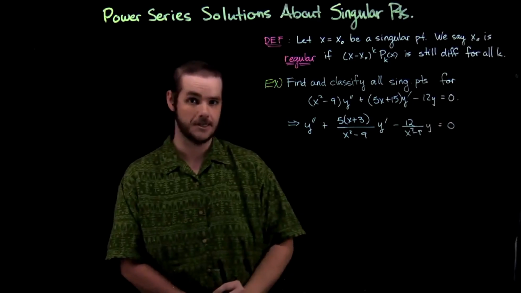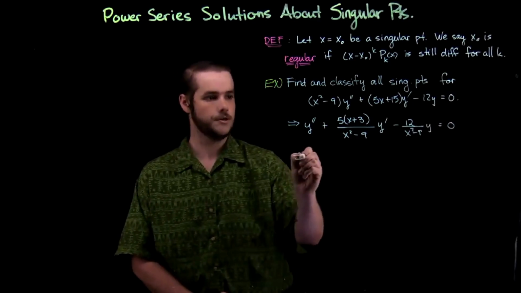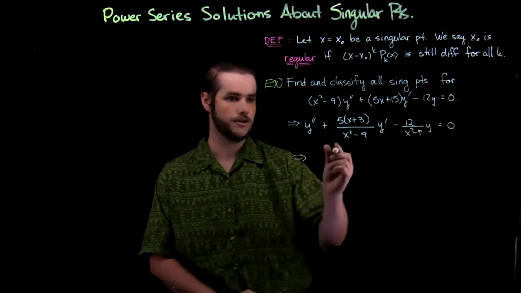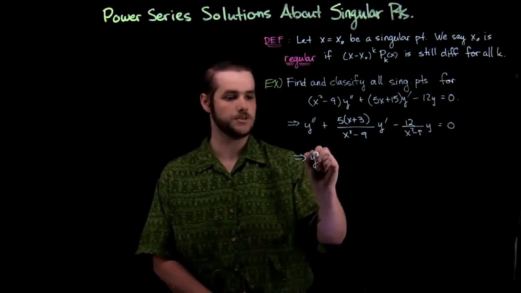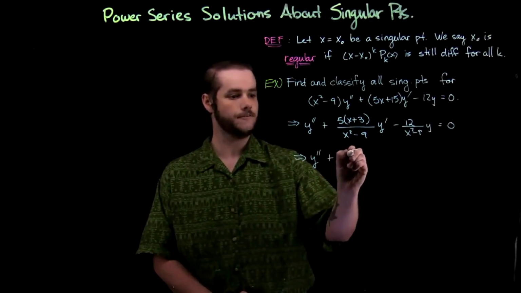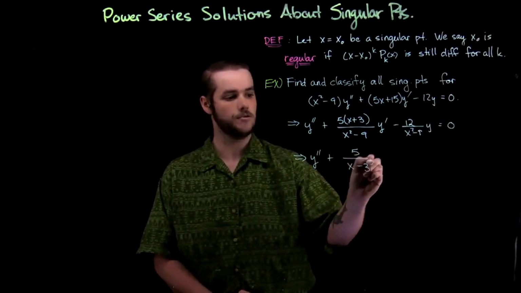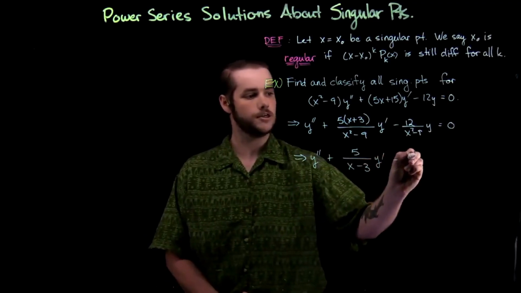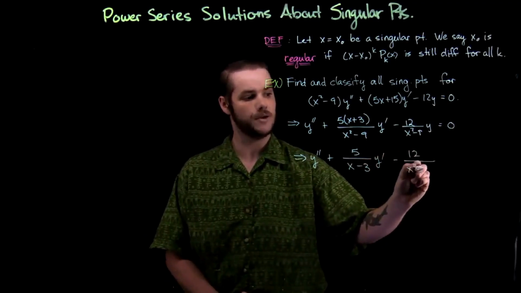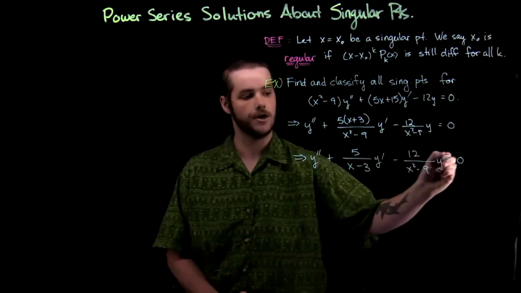And you'll notice I can simplify this function by canceling the common factors of x plus 3. And I get 5 over (x minus 3), y prime, minus 12 over (x squared minus 9), y equals 0.